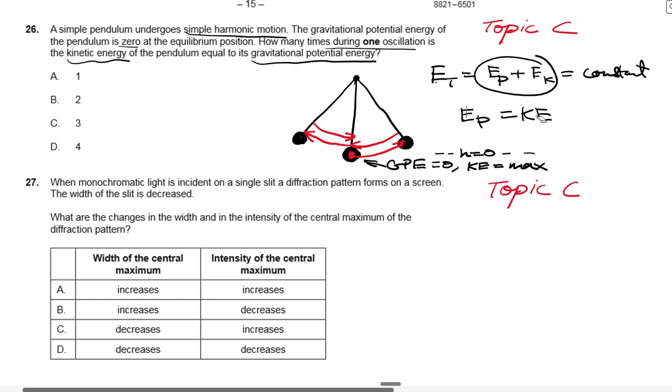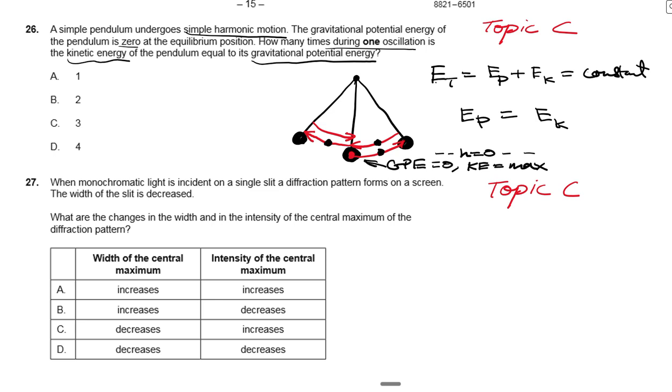So somewhere in the middle, right? Somewhere when we're here, some of that KE is converted into GPE, and it should be about the same. Then when we're coming back down, again, we have the same GPE and KE. And here again, our GPE is 0, then it becomes equal to our kinetic energy.